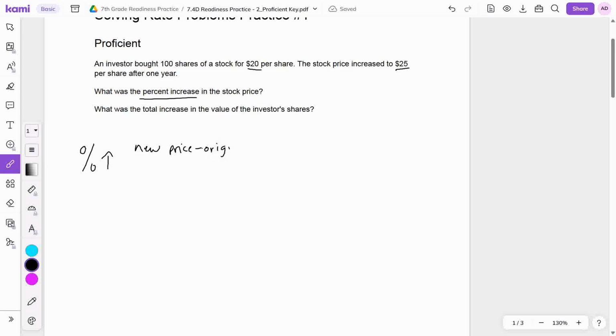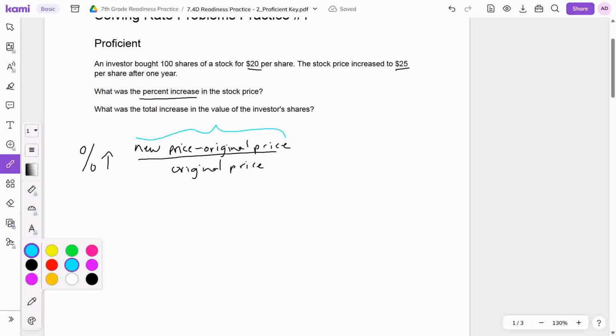What we're looking for is just the change. And then to get a ratio or a rate for our percent increase, we divide that by our original price.